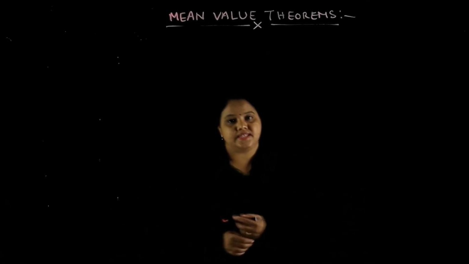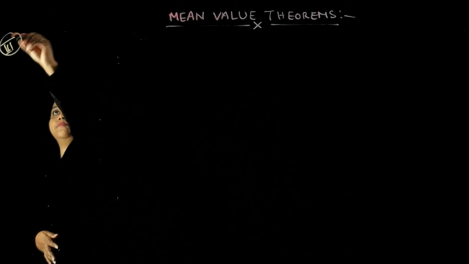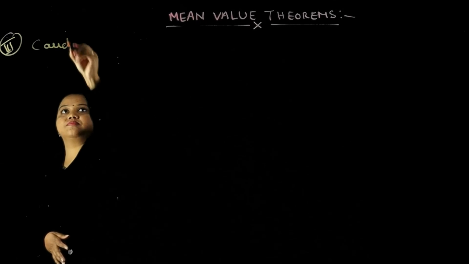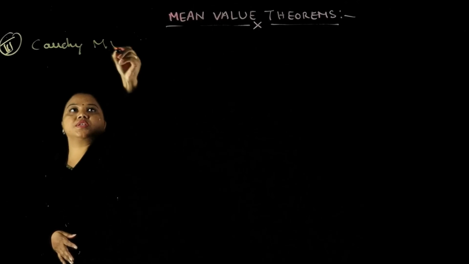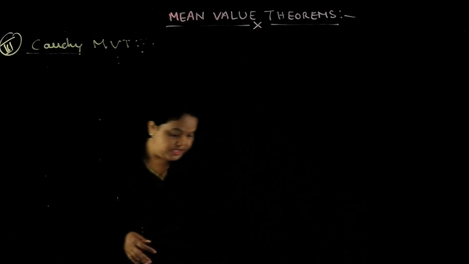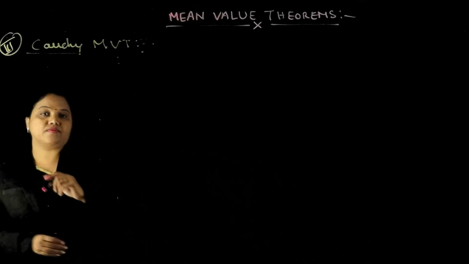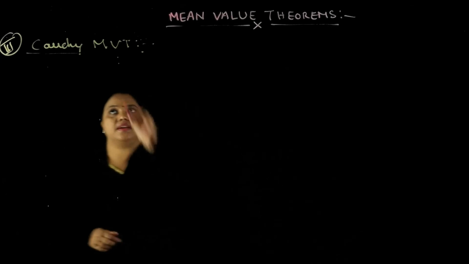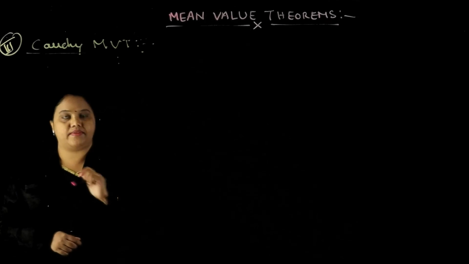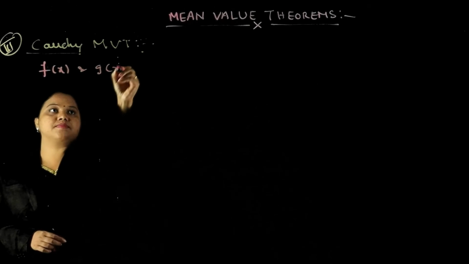Now let us see the last theorem, which is Cauchy mean value theorem. In Lagrange's theorem we were using only f of x, but in this Cauchy mean value theorem, we will have two functions, f of x and g of x.